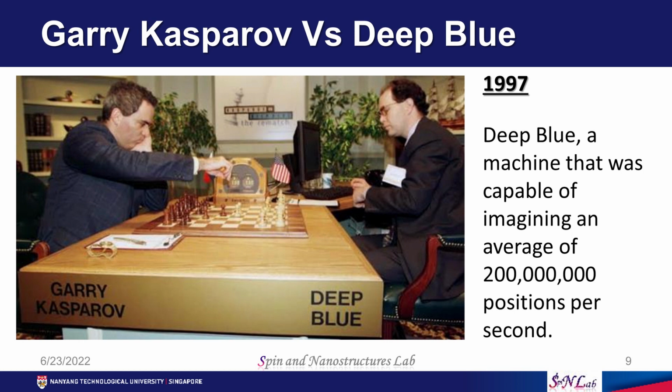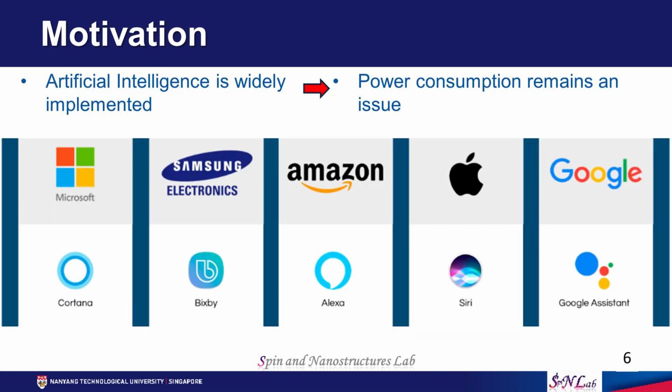And later, many other technologies like deep learning came. Then artificial intelligence gained wide applications. So now every major company has an artificial intelligence application. For example, Microsoft has Cortana, Samsung has Bixby, Amazon has Alexa, Apple has Siri, Google has Google Assistant, and so on.